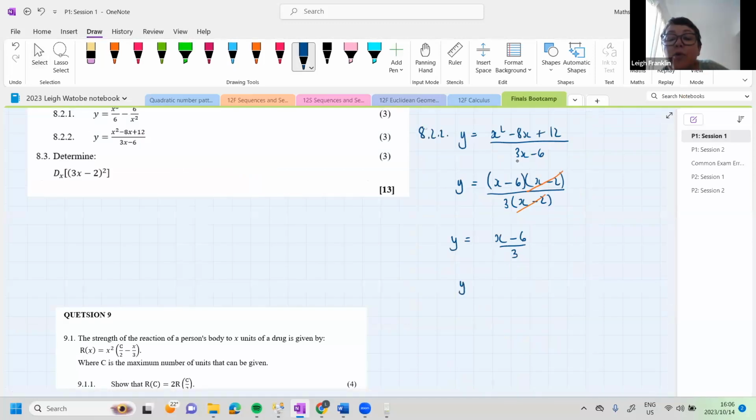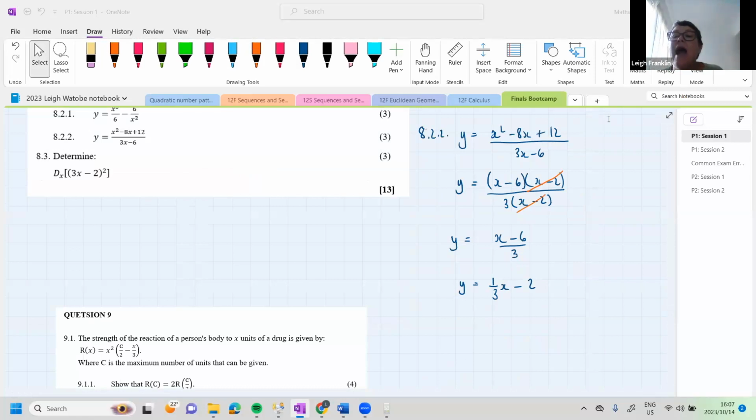I'm still working with this until it is in the correct form where I've got the coefficient, the variable, the exponent, and then I'm ready to differentiate. So this is going to give me 1 over 3x minus 2. Is everybody happy with how I got the 1 over 3x minus 2? Does that make sense?